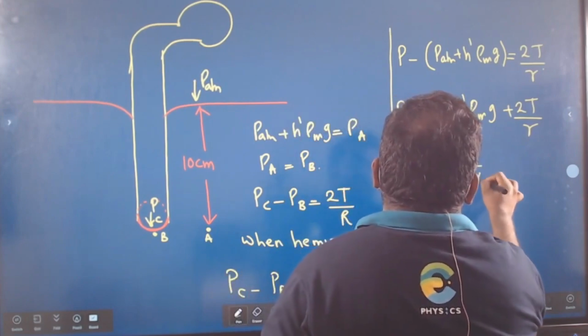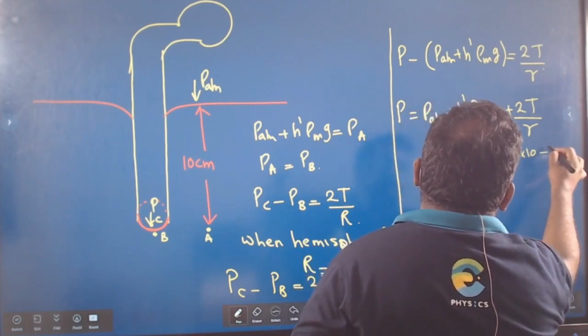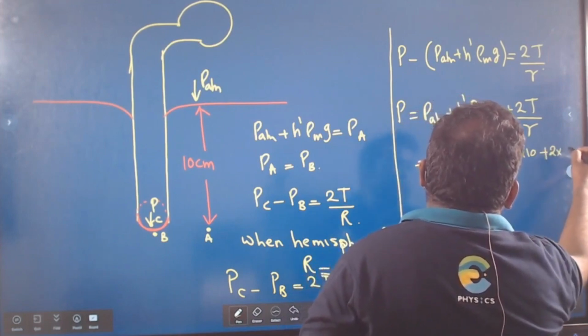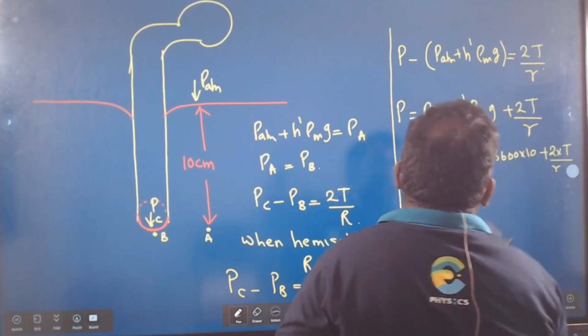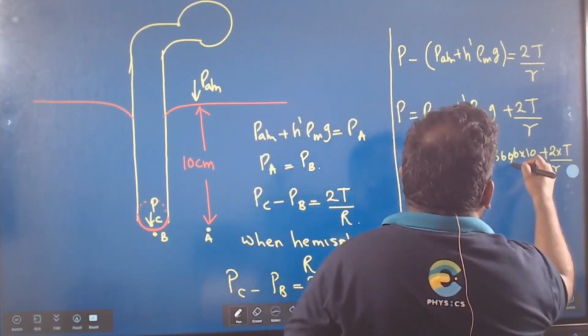Convert 10 centimeters to meters: 13,600 times 10 plus 2 times surface tension over radius of tube. 10 to the power 5, 2 zeros cancel out.